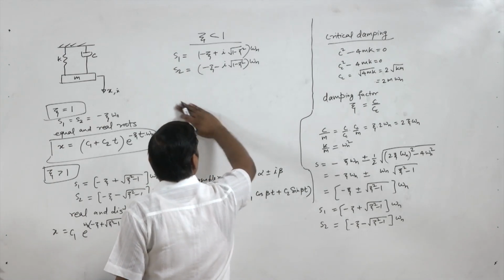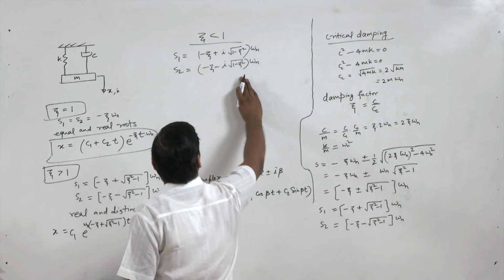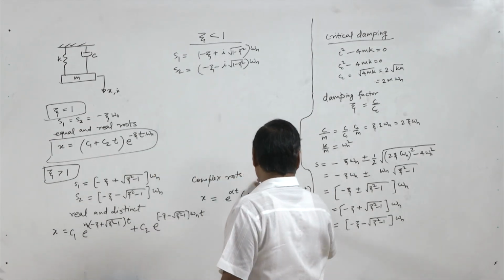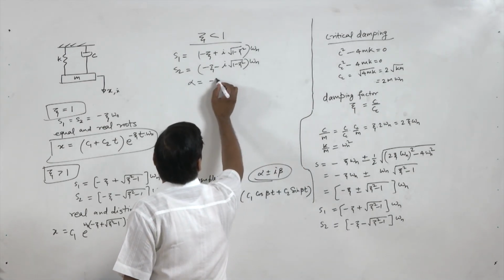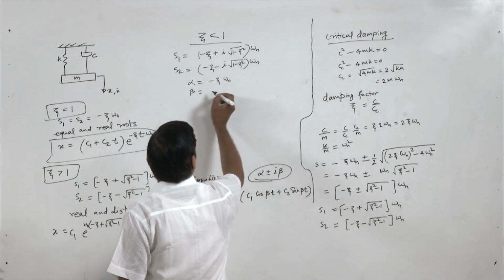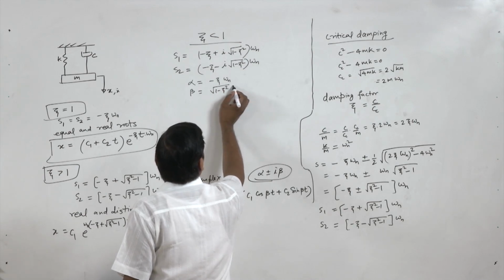Now here we see that we are getting a complex pair of roots. If we compare with alpha plus i beta, we have alpha equal to minus zeta omega n and beta equal to root 1 minus zeta square omega n.